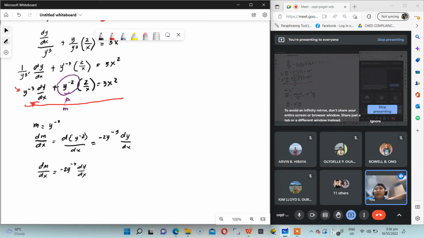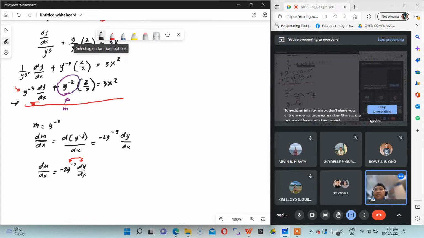And look here, okay? Di ba, our first term here is just like this one without the negative 2, di ba? So, negative 2 is just the 1 minus n. Katong pag, ano na to, derive na to, 1 minus 2.